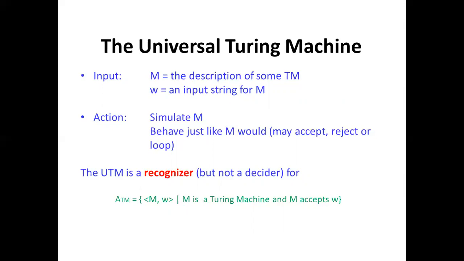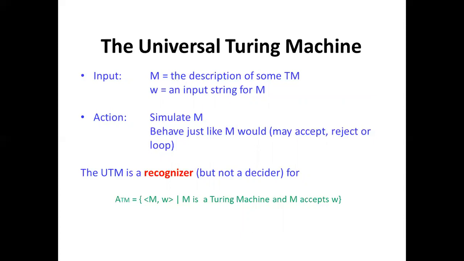So the input M is just like your program, and W is the input we have to give to your M, your Turing machine. It will simulate M. So you run your program, and it will either give some output, accept or reject, or it will go on for infinite time, so it will loop.